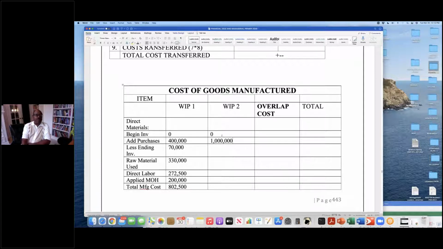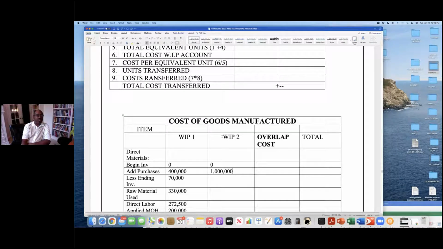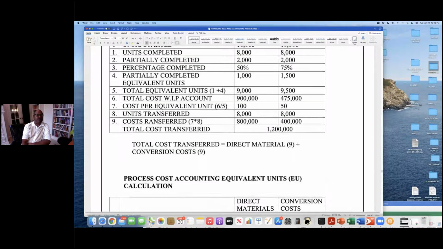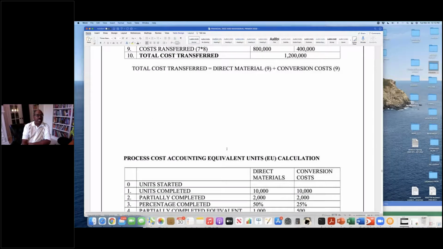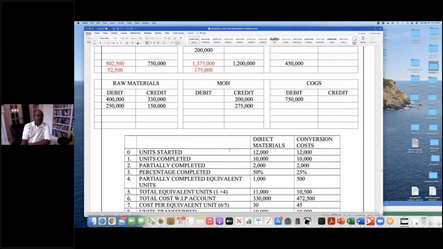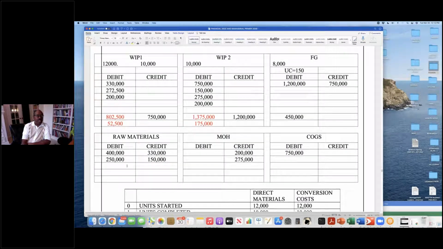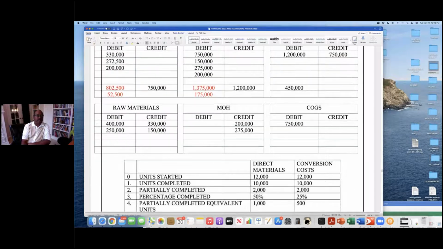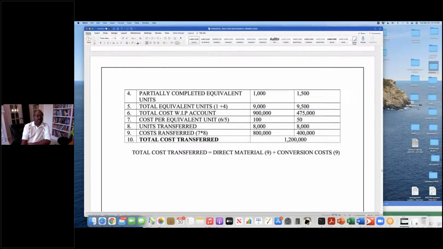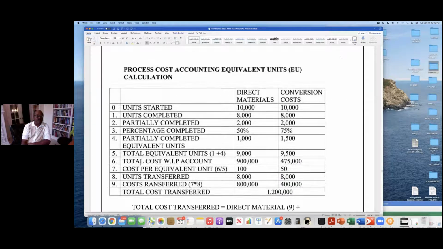So why is it 1 million and not 250? Well, let's see. How much was left in inventory? Left in inventory for the raw material in this part, 100,000, correct? Okay.